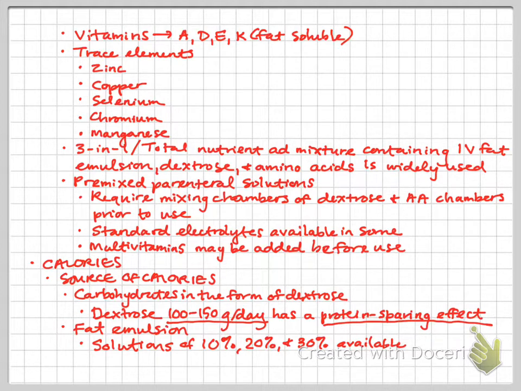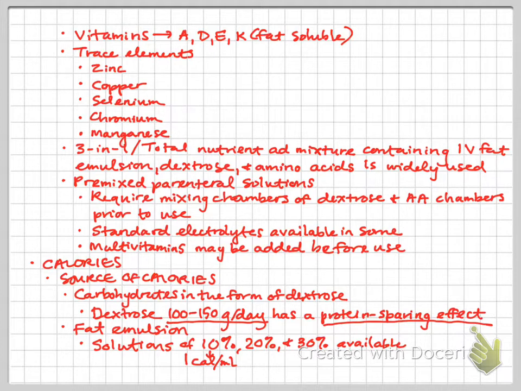So at 10%, the patient is receiving about 1 calorie per ml. So let's say I'm drinking a glass of water. That's about 240 mils. So then that would be about 240 calories that I'm drinking. So think about how many calories are in that fat emulsion, which, remember, the body breaks down sugars, then it breaks down fats, then it breaks down proteins.